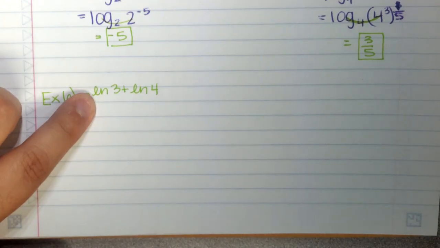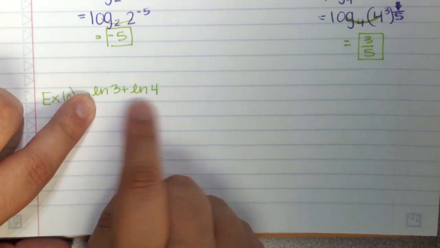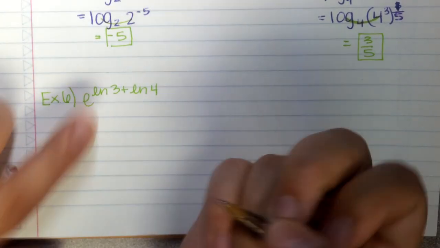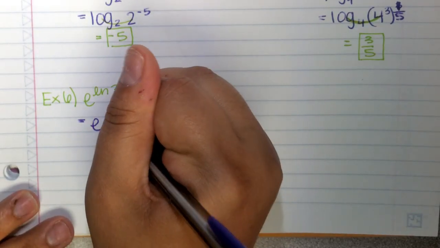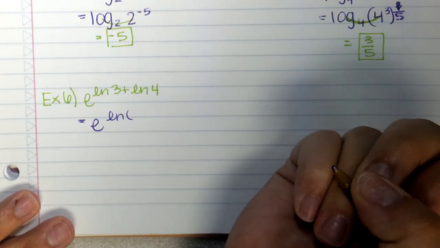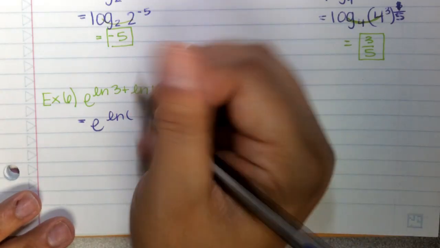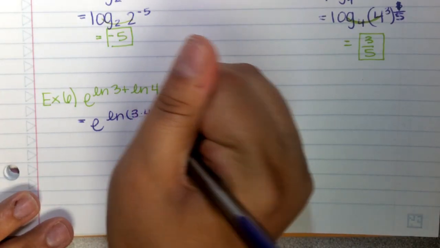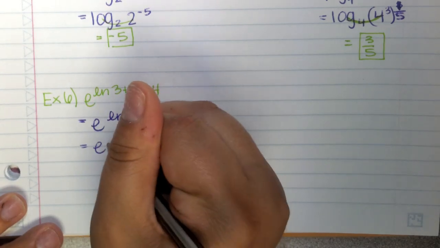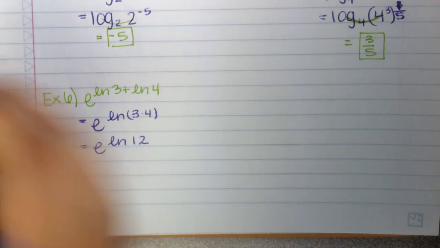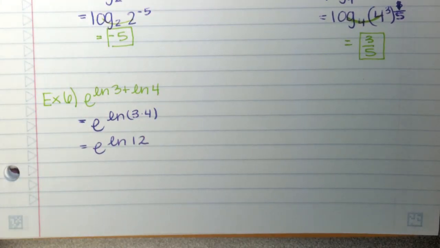For a second, forget about your e. What are you going to do here? Natural logs are still logs. I can multiply them. So that gives me e to the natural log of... I'm going to do it in 2 steps. Again, I would be totally fine with you doing it in 1 step. And what does that give me?